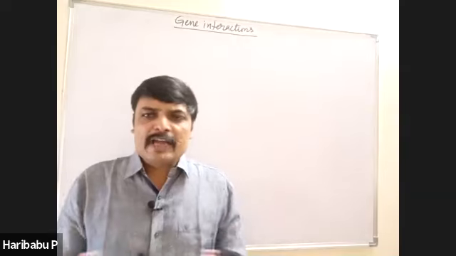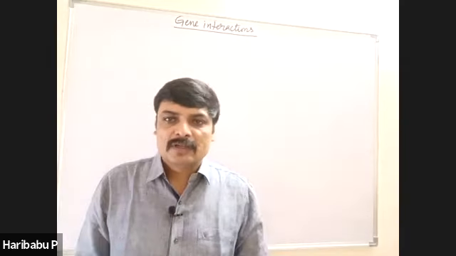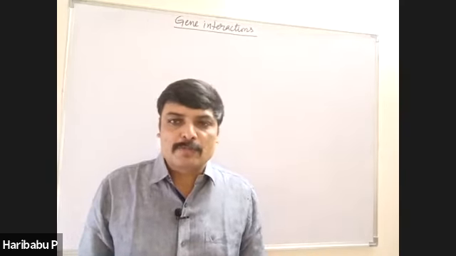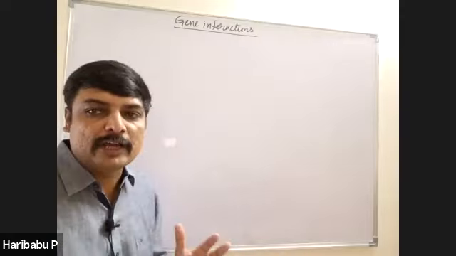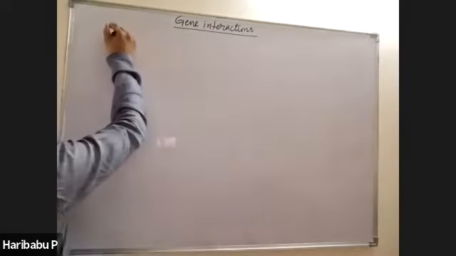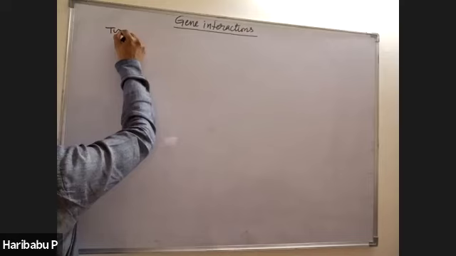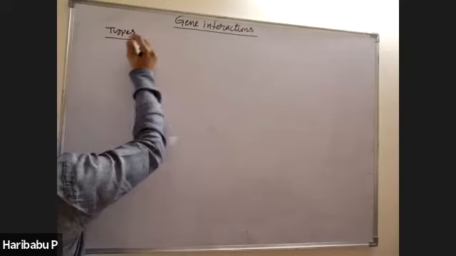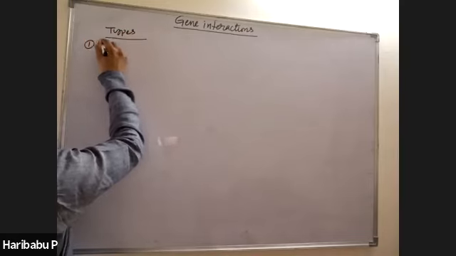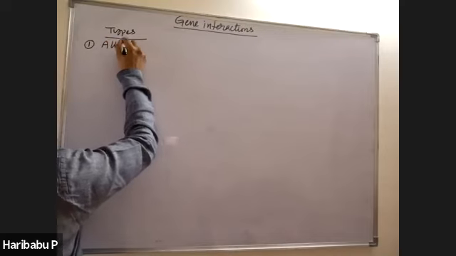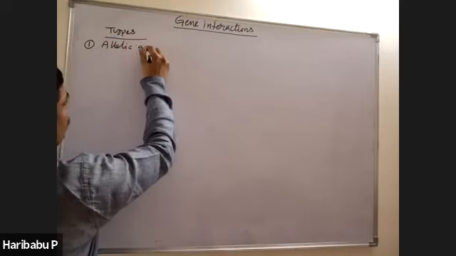There are several types of gene interactions. All these gene interactions are broadly divided into two types. Types of interactions of genes. First one, allelic gene interaction.